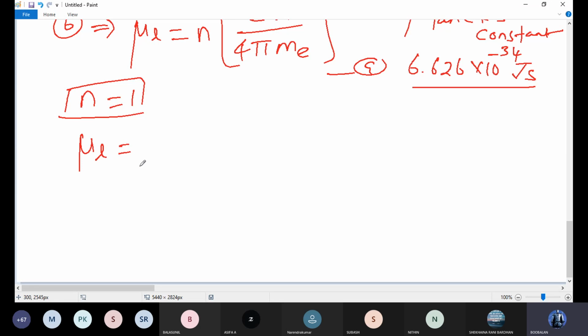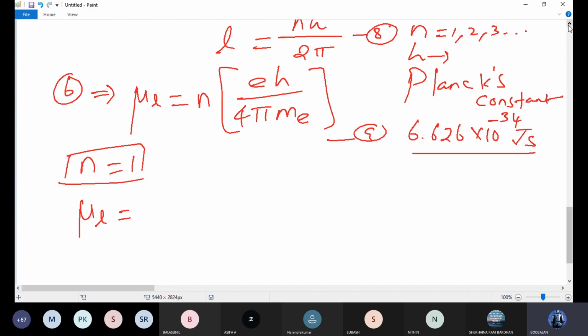It is equal to eh divided by 4 pi m e. Next, I know the values of the e value, h value, pi value and mass of electron, so just apply all the values. e is equal to 1.6 into 10 power minus 19 coulomb.